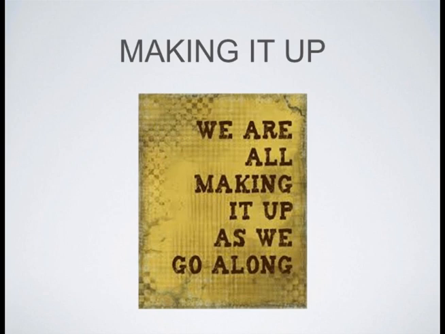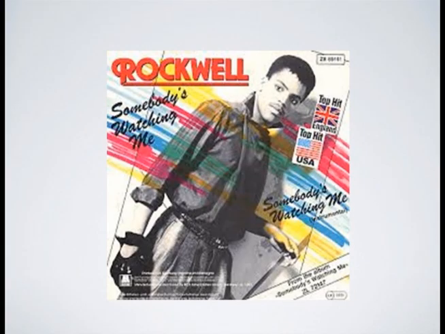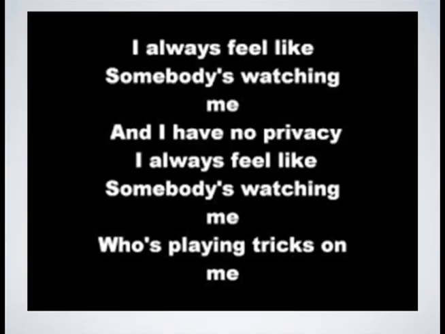Because at the end of the day, you have to keep in mind, no matter what you do, you're going to have exposure. And the reason for that is pretty simple. In the world that we live in, as Rockwell put it so illustriously way back in the early 1980s, before any of this was in anybody's mind, somebody is always watching you. And that's an exposure and a risk that you have to be prepared to deal with.